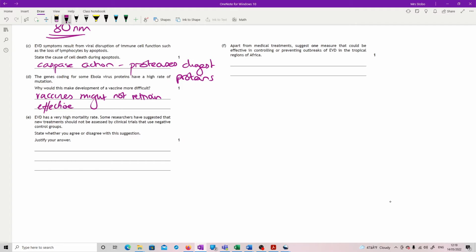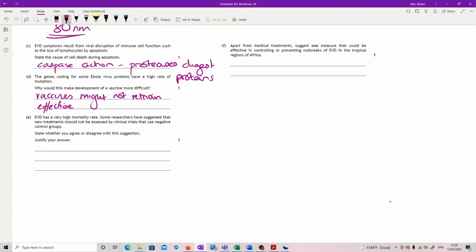So for every new mutation that you get, you either have to redesign an entirely new vaccine, or you have to hope that it's not actually the bit that the vaccine was actually attaching to that has been altered.